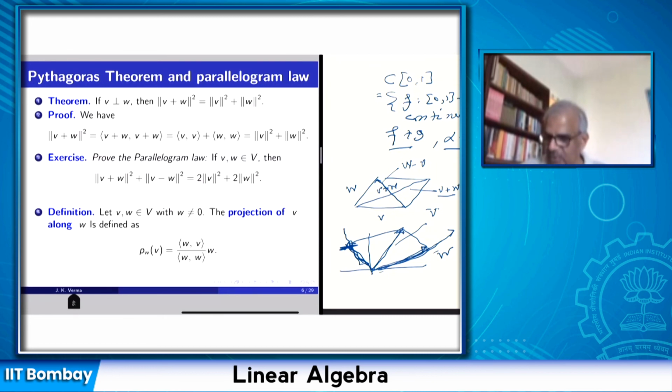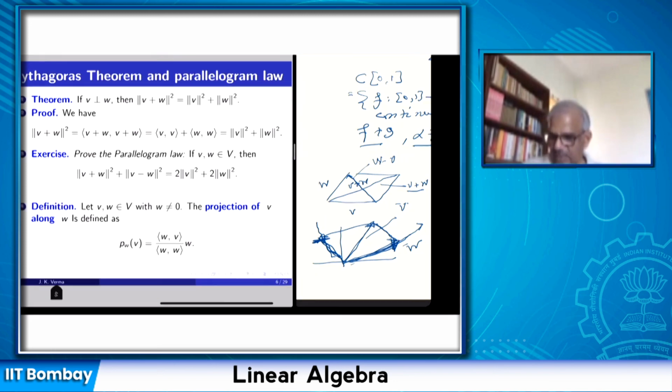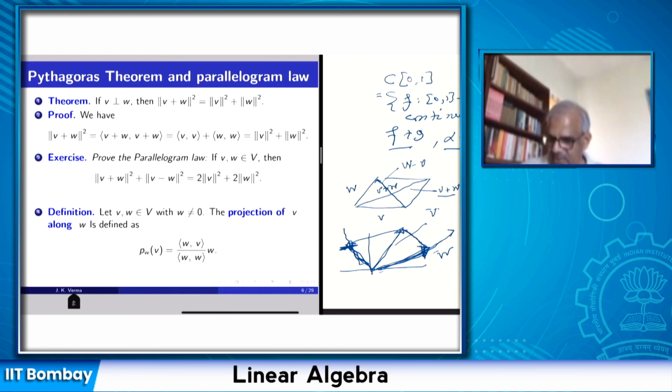This is done by using the notion of projection. We take this vector and project it in the direction of w, and then take a perpendicular vector to this, so that their sum is the original vector, and that is the decomposition.